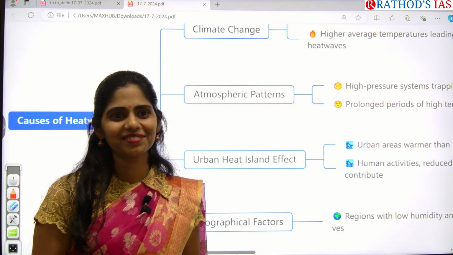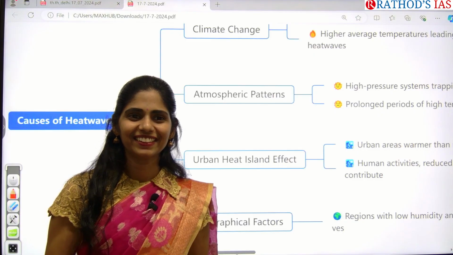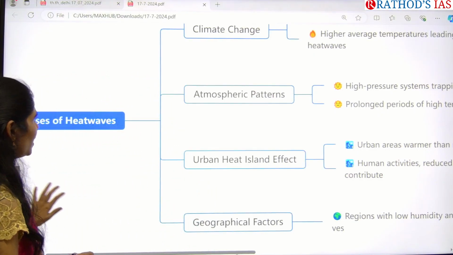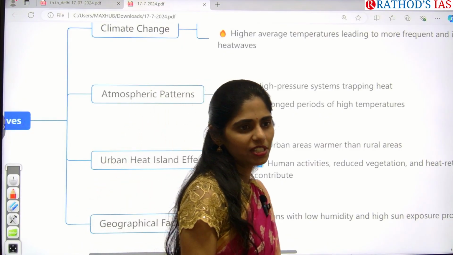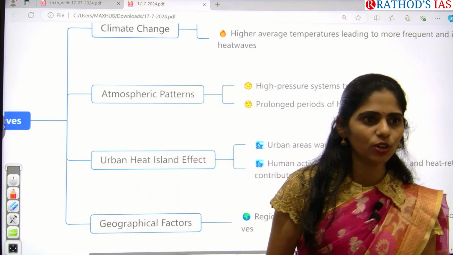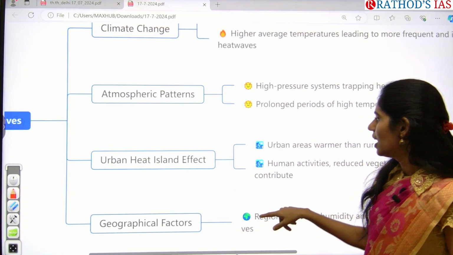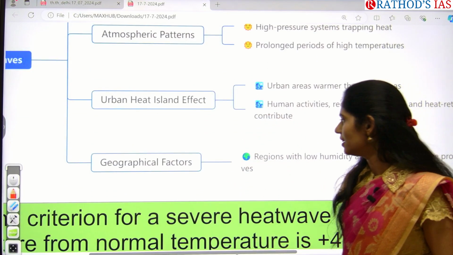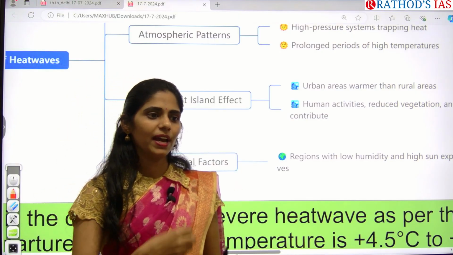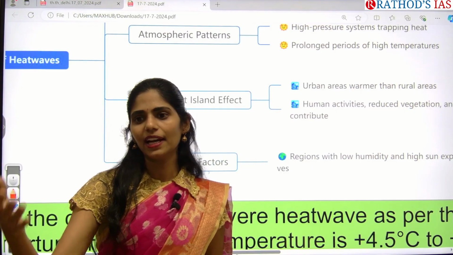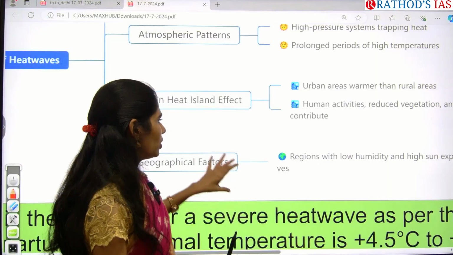Tell me, Venkatesh. Okay, and next is atmospheric patterns. Whenever you have high pressure, it will trap more heat. This is also an important reason. And this one is urban heat island, as I said, and even geographical factors, like in the tropical region we will have more heat compared to temperate and polar regions.